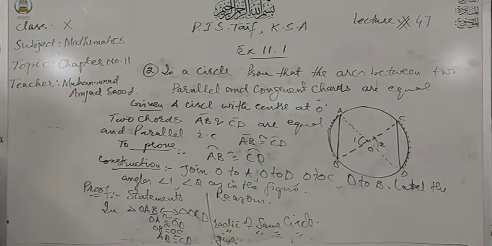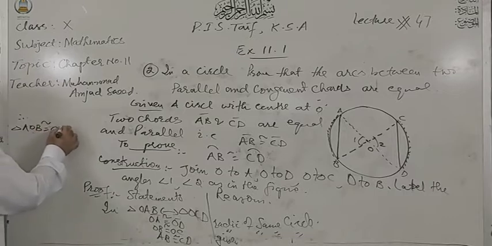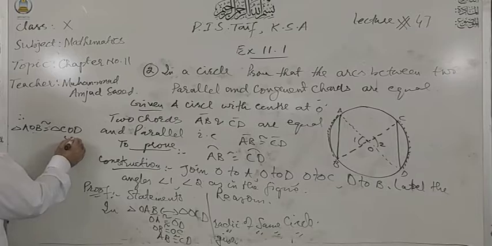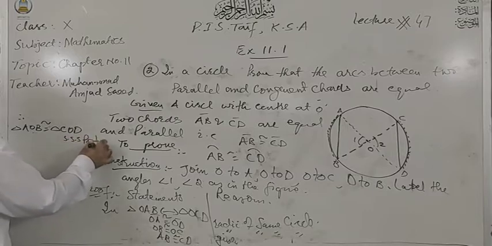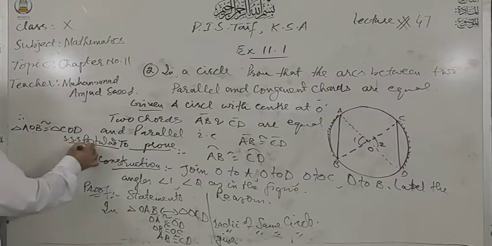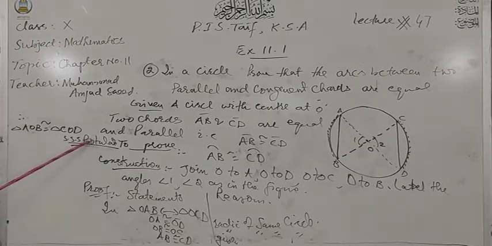So after that, therefore, triangle AOB is congruent to triangle COD. What is that? Side, side, side postulate, this is your reason.